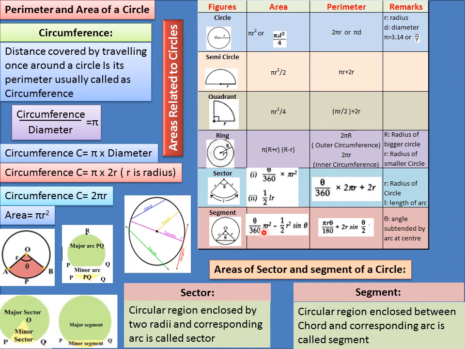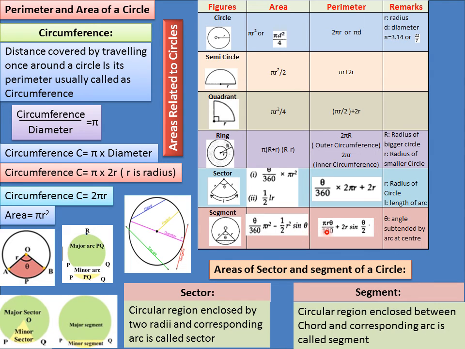So that is theta by 360 into pi r square, the total sector area, minus the area of the triangle formed here. That means theta by 360 pi r square minus half r square sin theta.